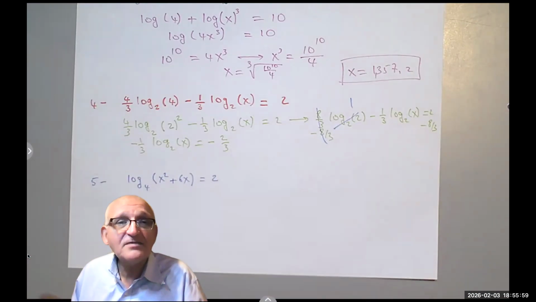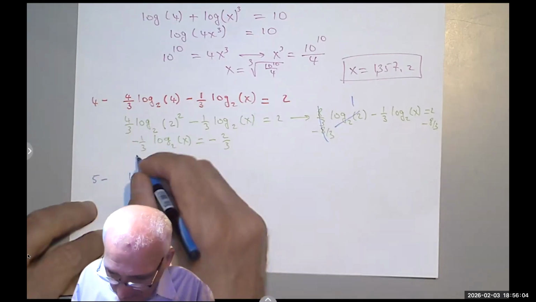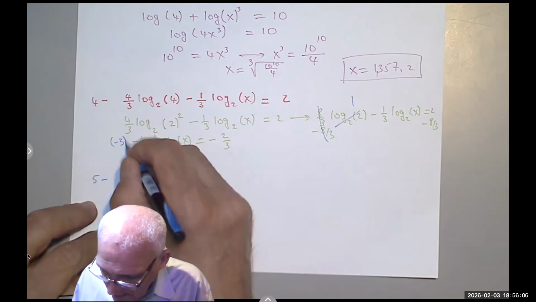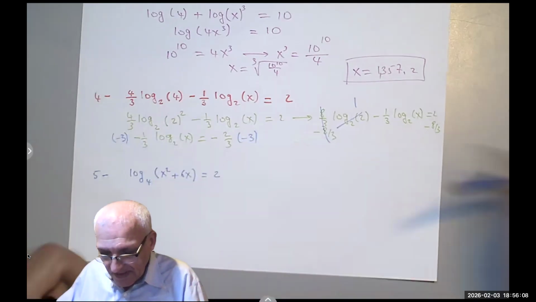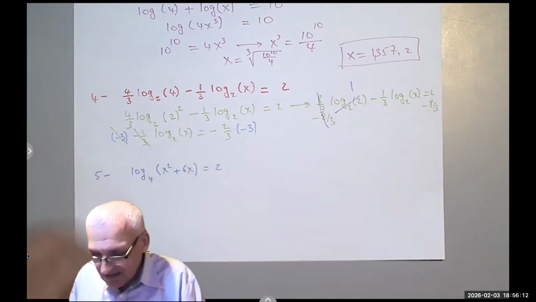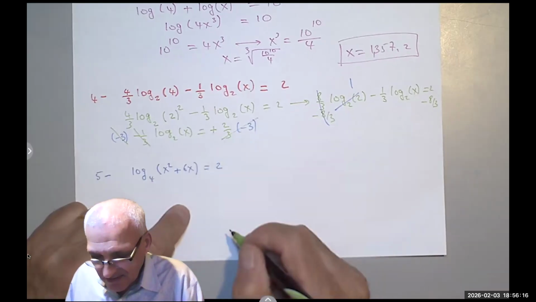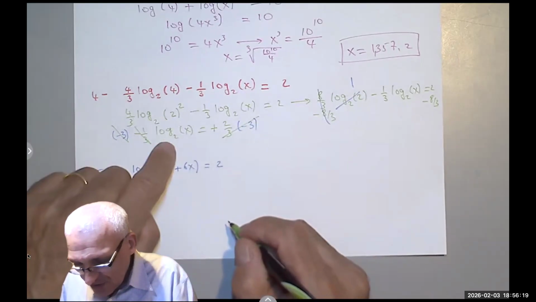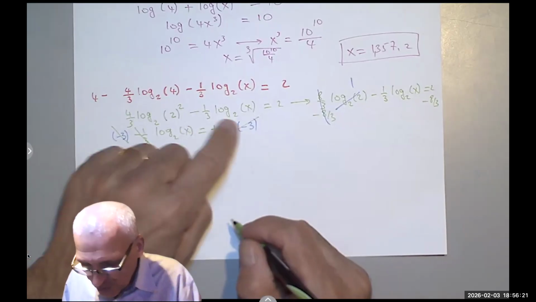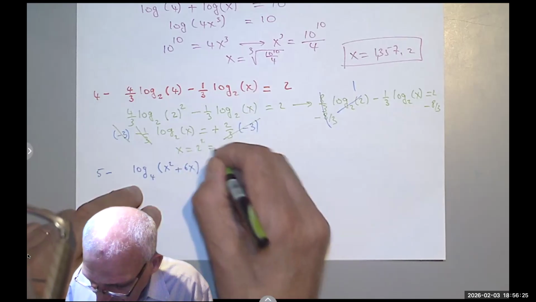Then I will have to multiply both sides by negative 3. So negative 3 times negative 1/3 is 1. So these cancel. And negative 3 and the negative would cancel. So I get log to the base 2 of x equals 2, meaning x equals 2 squared equals 4.